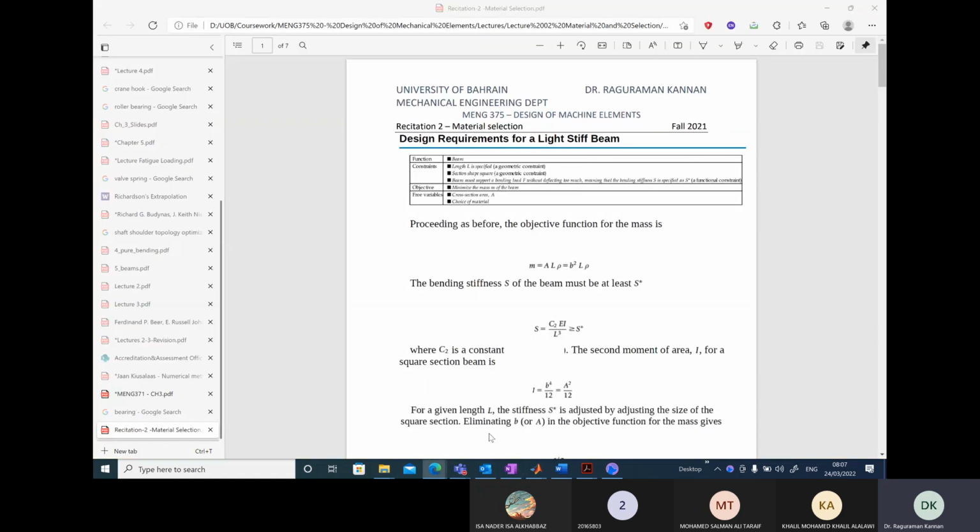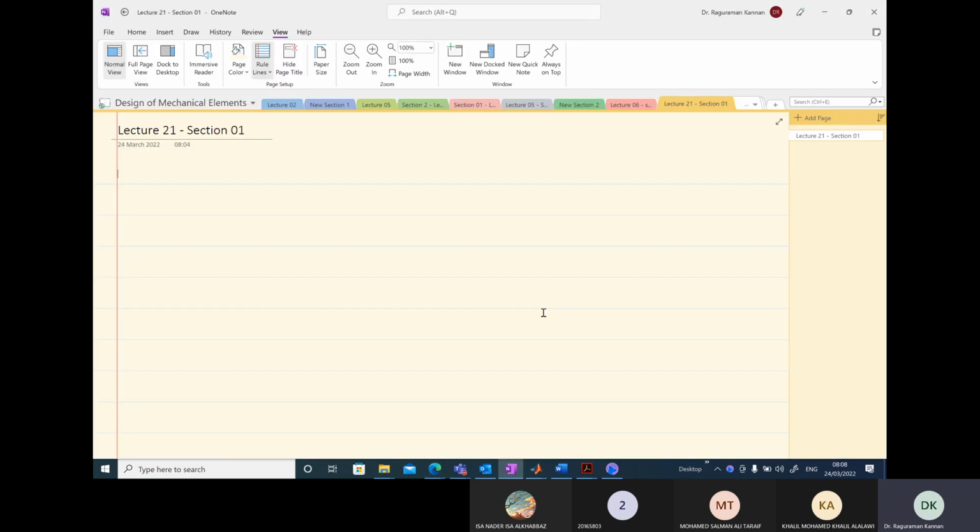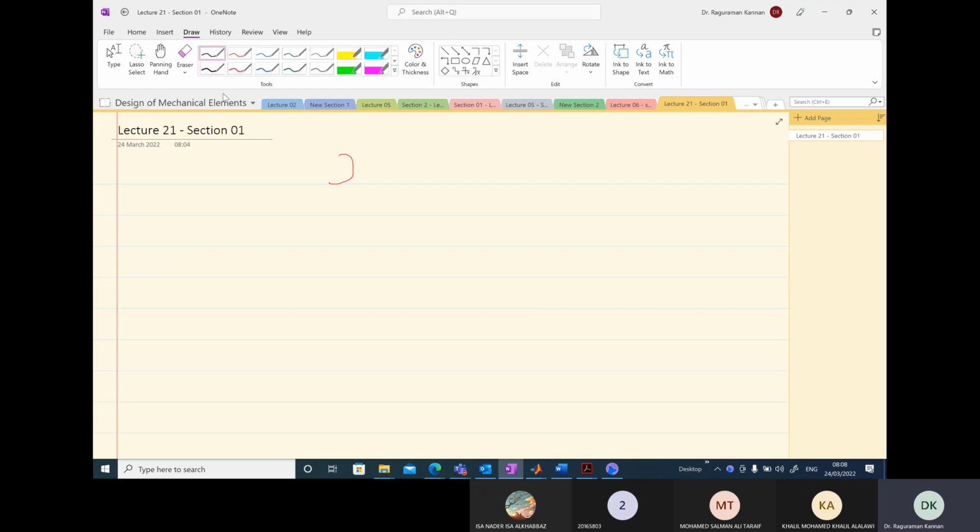All right. So let's go to this specific example here. We're asked to design a light, stiff beam. Okay, let's take this simple example. Design a light, stiff beam.